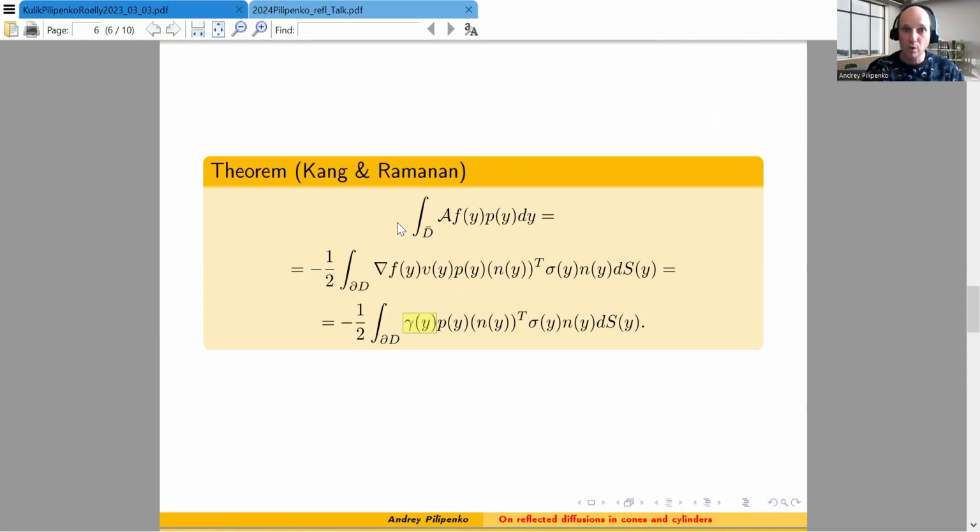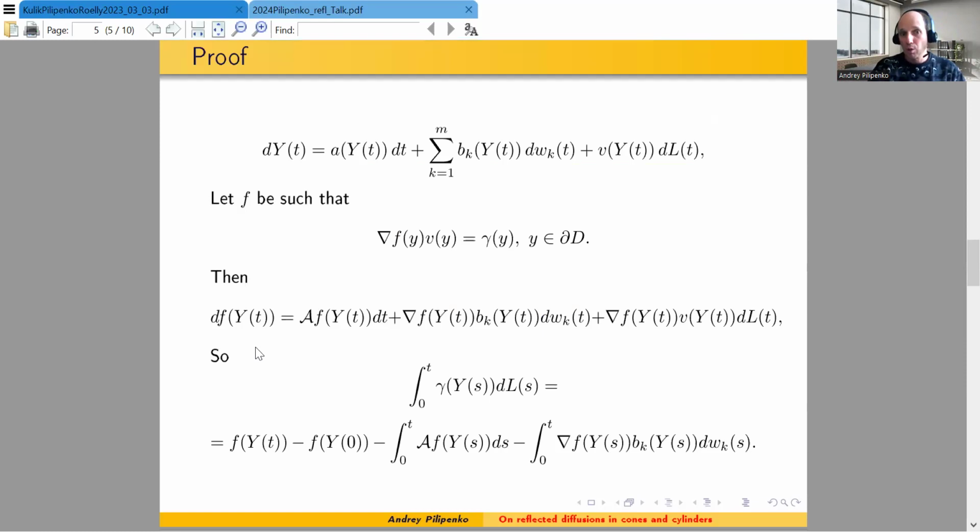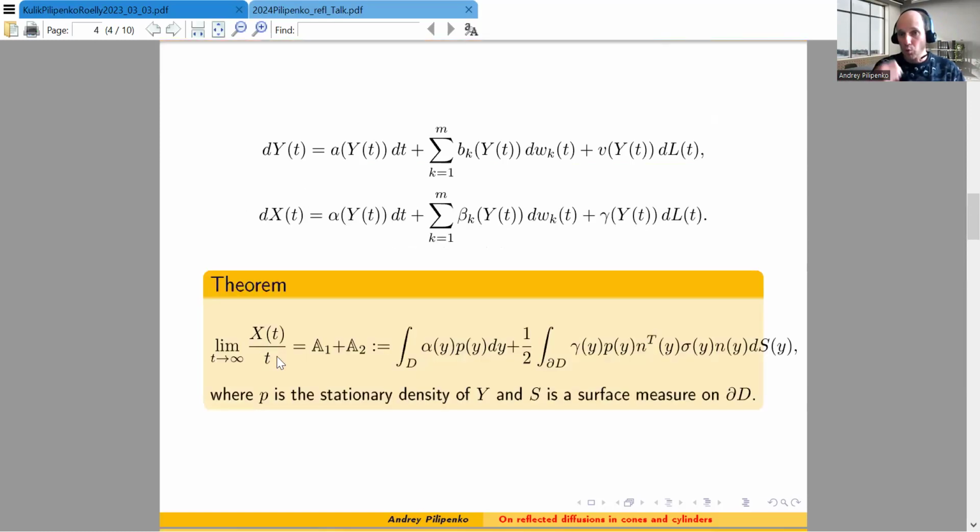So we know the law of large numbers for this process X of t, and the only non-trivial term was this, the term with local time. Actually, such pairs are sometimes called a Markov additive process.